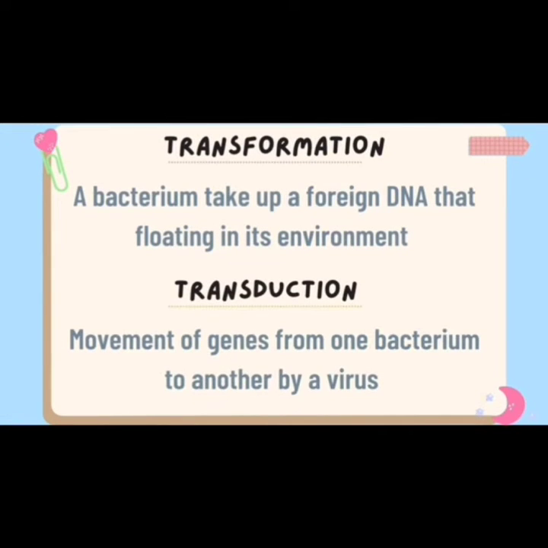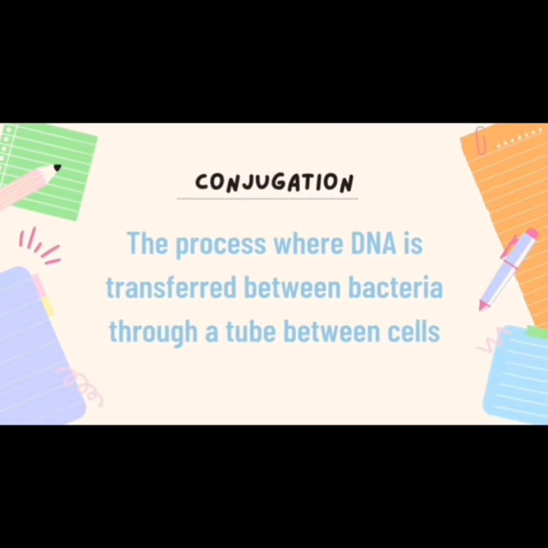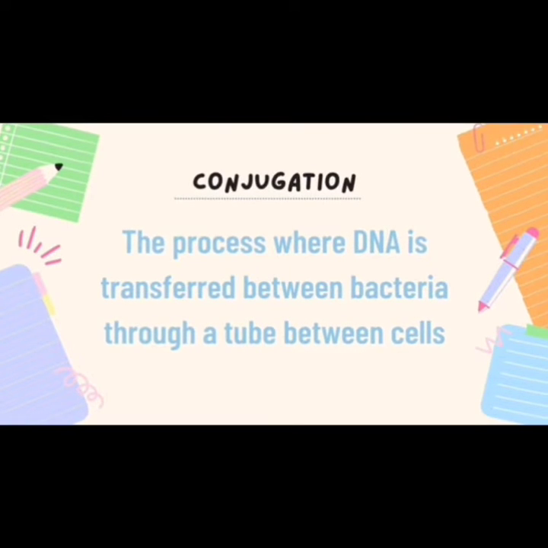The meaning of transformation is a bacterium takes up foreign DNA that is floating in its environment. For transduction, it is the movement of genes from one bacterium to another by a virus. For conjugation, it is the process where DNA is transferred between bacteria through a tube between cells.